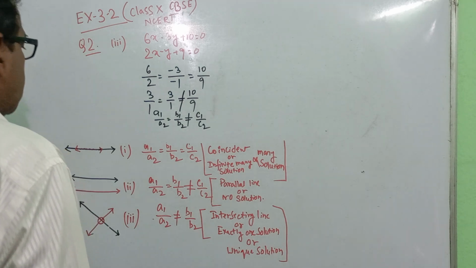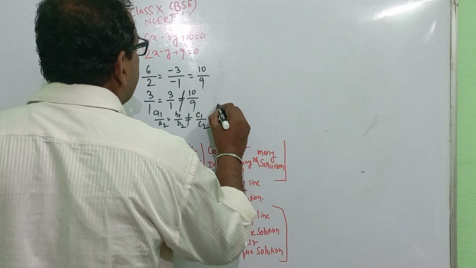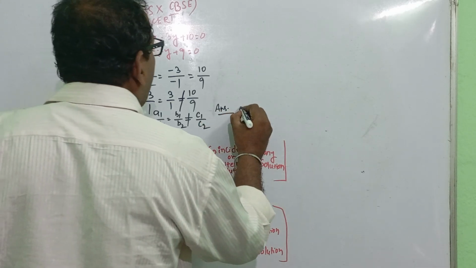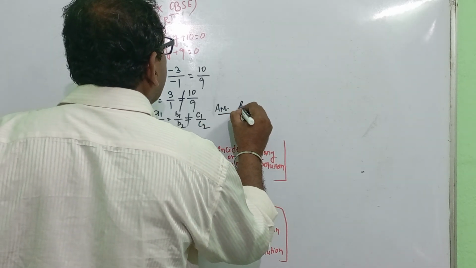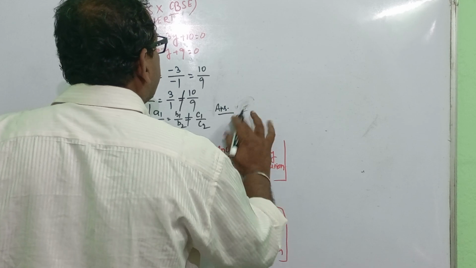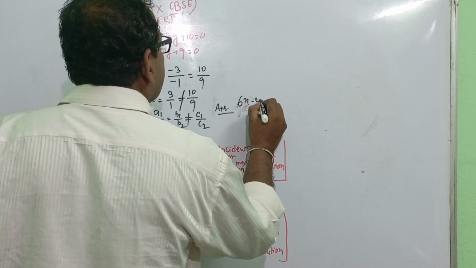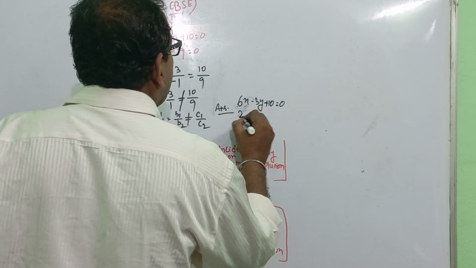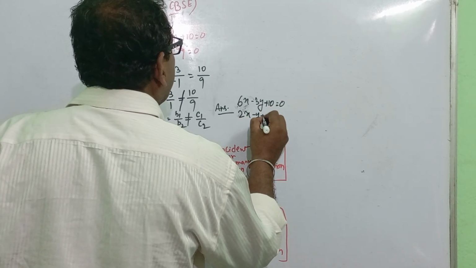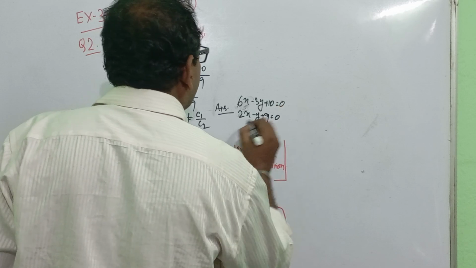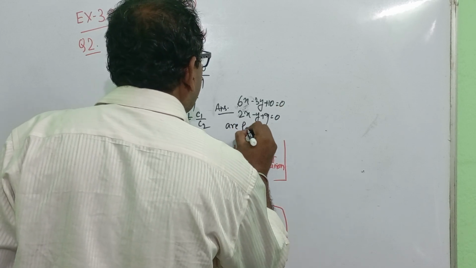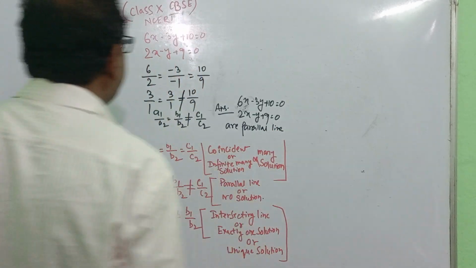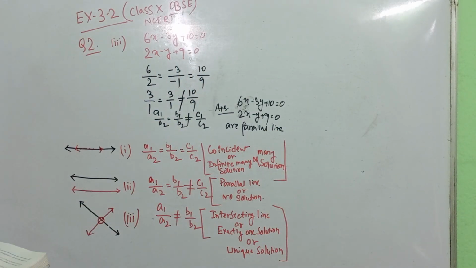No. The answer is: 6x minus 3y plus 10 is equal to 0, and 2x minus y plus 9 is equal to 0 are parallel lines. Simply on these things.